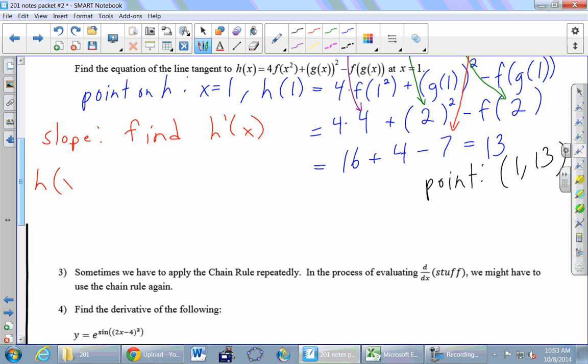Okay, here we go. H prime of x equals. I'm going to start at the end of the h function. I'm going to start way out here. It's minus f of g of x. In order to find the derivative of f of g of x, well, that's exactly the formula that we introduced last class, and I think it's just off screen here, right? Don't you have a derivative for f of g of x? We can just read it off from that line up above. So this guy comes down here and becomes, what's the derivative of f of g of x?